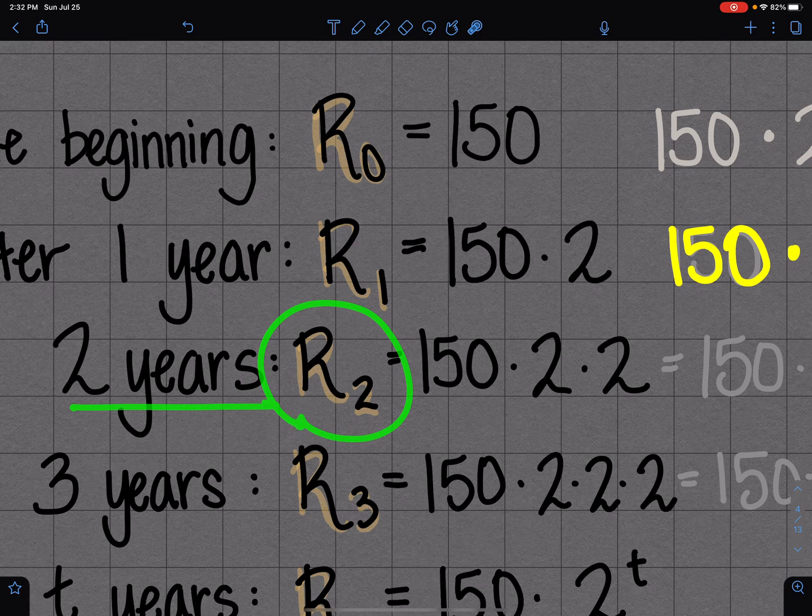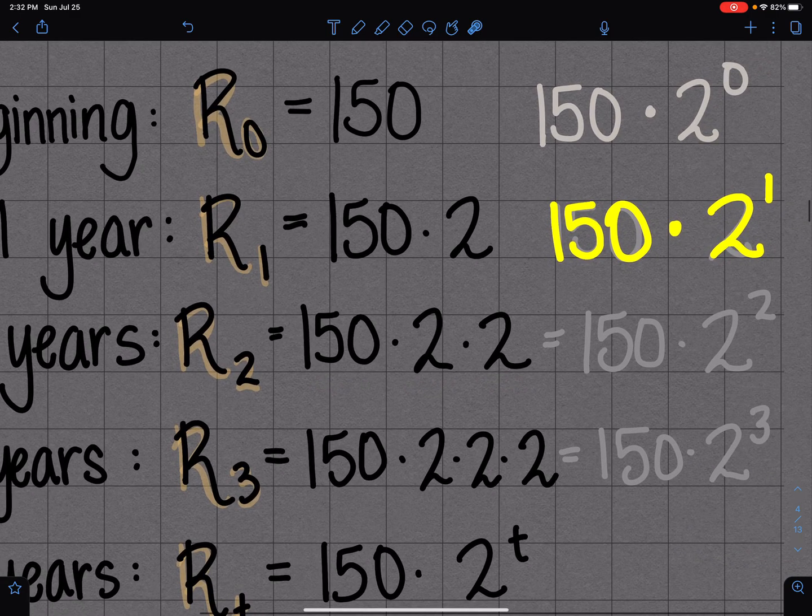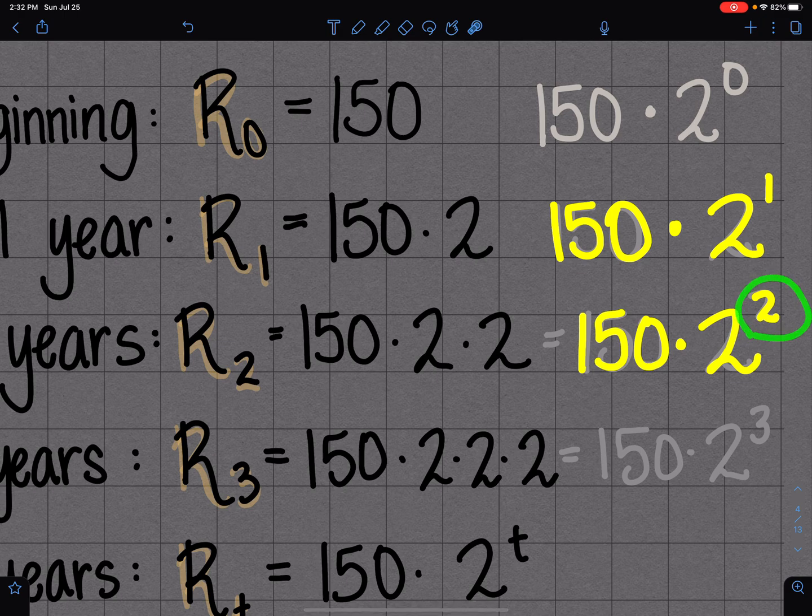It's R2, and what it is: 150 doubled after 1 year, doubled again after 2 years. So 150 times 2 times 2 again. And you can simplify this, 150 times 2 times 2, by saying 150 times 2 raised to the 2 power. And that's where those exponents are coming from. This exponent means you doubled it twice.